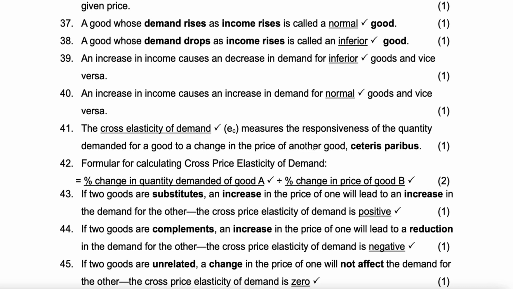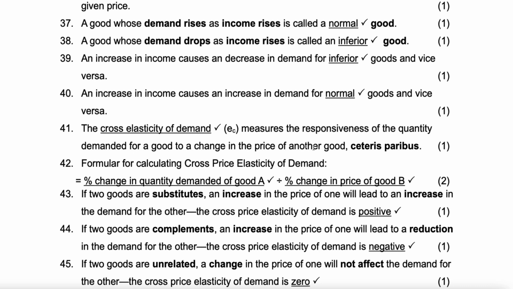For instance, what do you think would happen to the demand for chicken if the price of shoelaces goes up? Well, shoelaces and chicken have no relationship whatsoever, so nothing would happen. So it tells us that the goods are unrelated. And another one, what do you think would happen to demand for coffee if the price of sugar goes up?